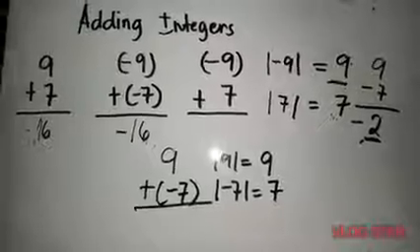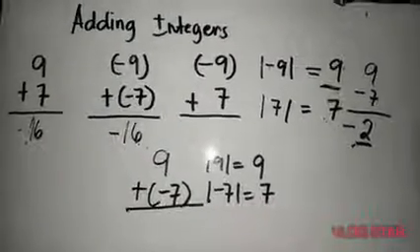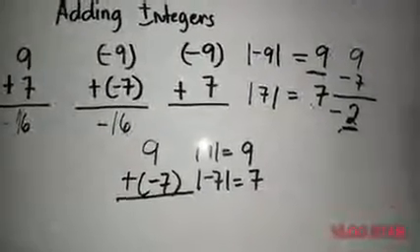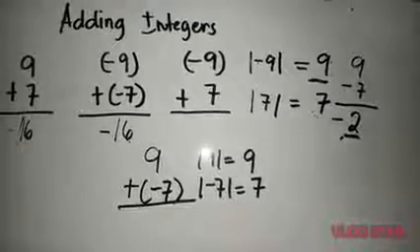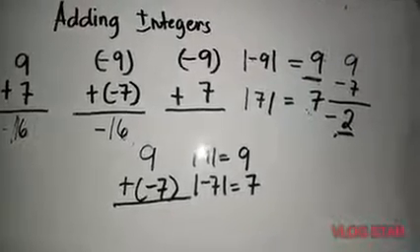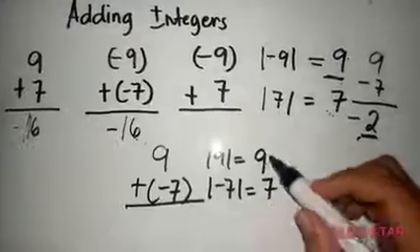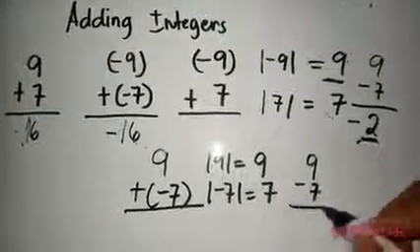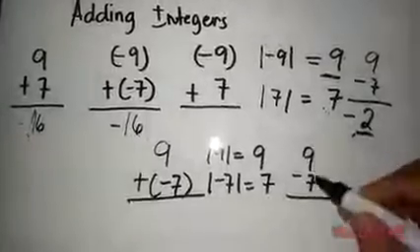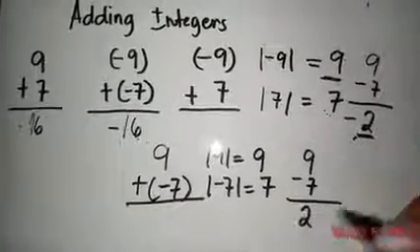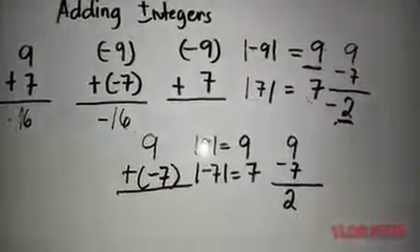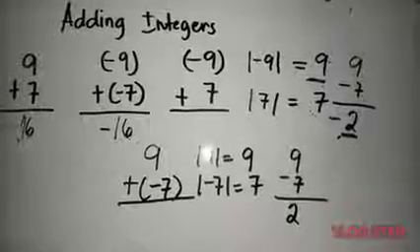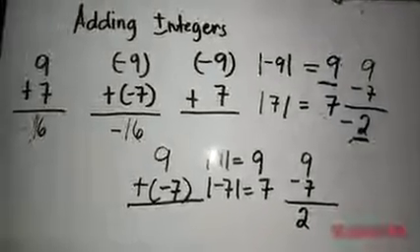After that, subtract the lesser number from the greater number. So simply 9 minus 7. 9 minus 7 is 2. Then copy the sign of the number with greater absolute value.